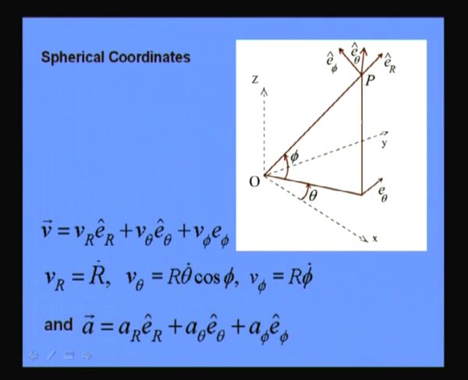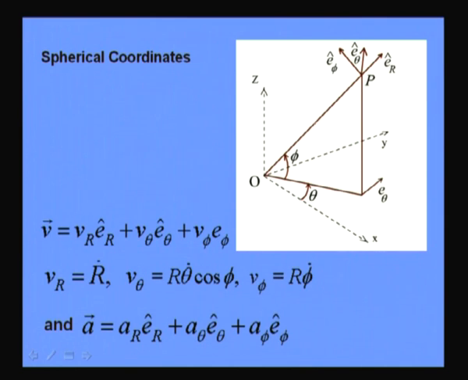Now in the cylindrical coordinates, its position is indicated by r, z, and theta. Theta is the angle which the projection of the position vector of the point makes with the x-axis in the xy plane.